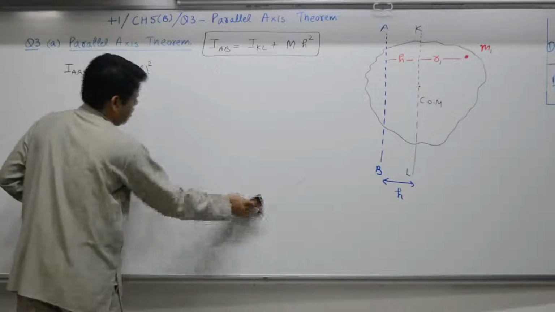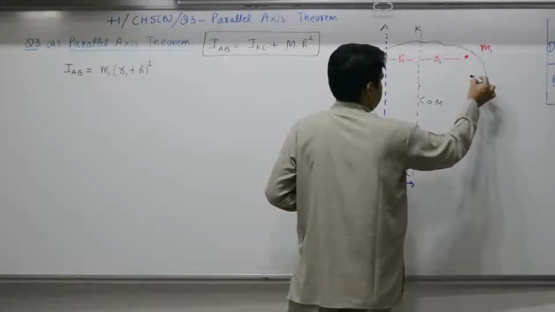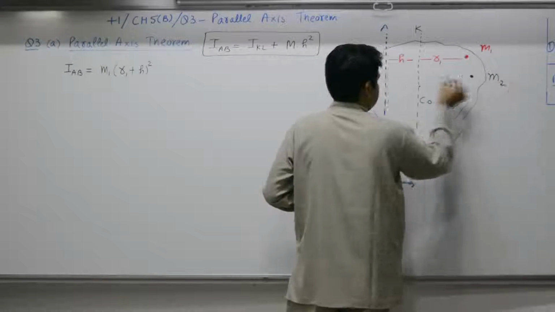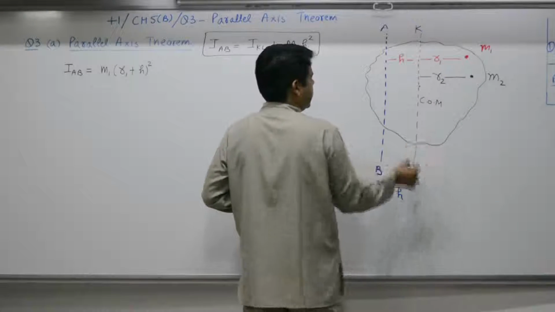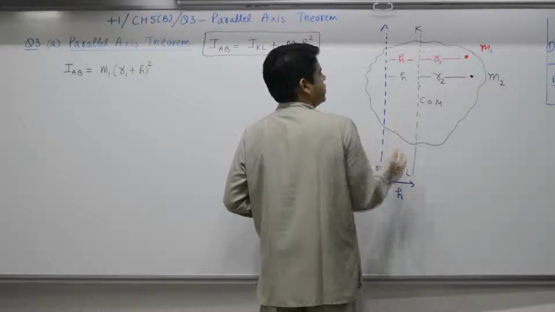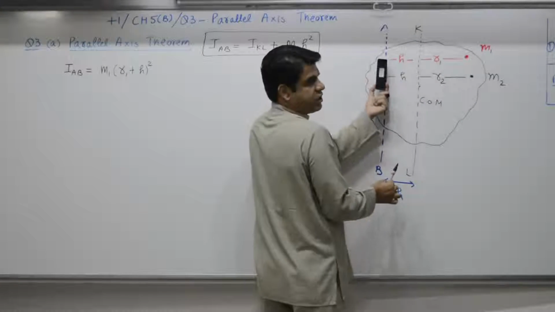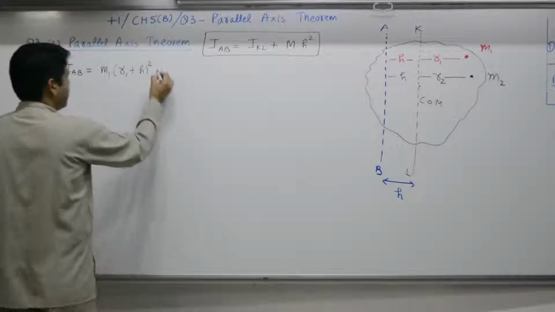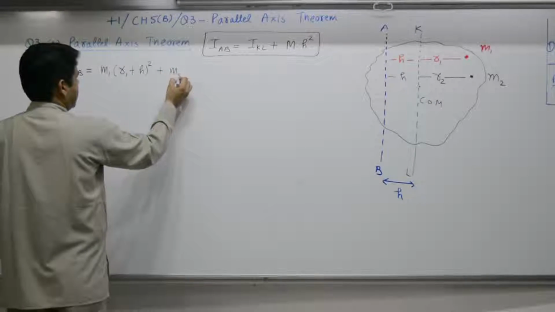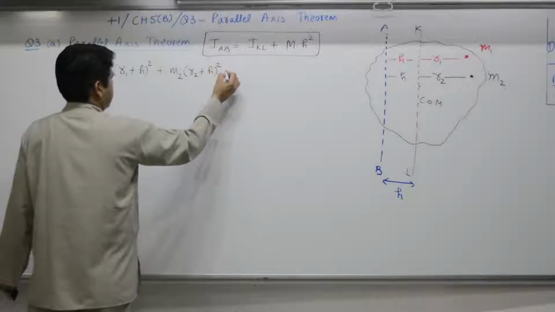Particle number 2, m2. It is at what distance? r2 from KL. This distance is h. m2 is at what distance from the axis of rotation AB? r2 plus h. So its moment of inertia is m2 (r2 plus h) square.